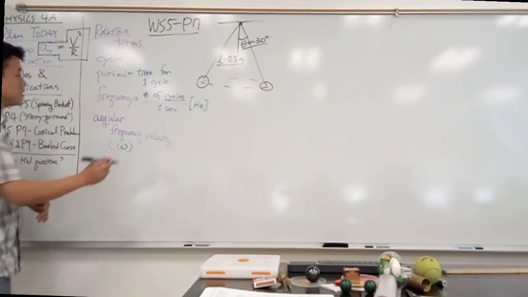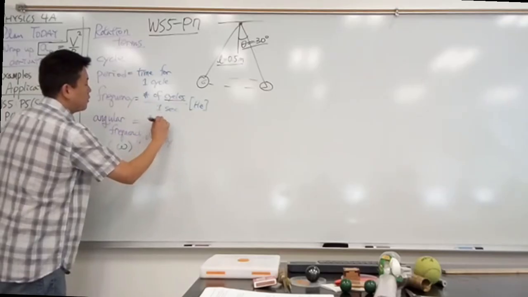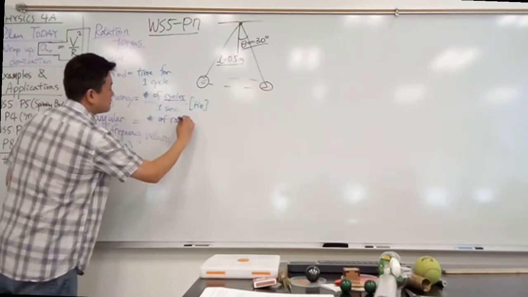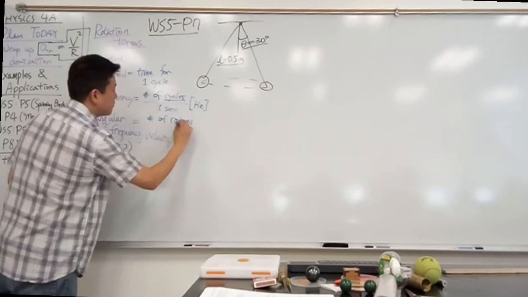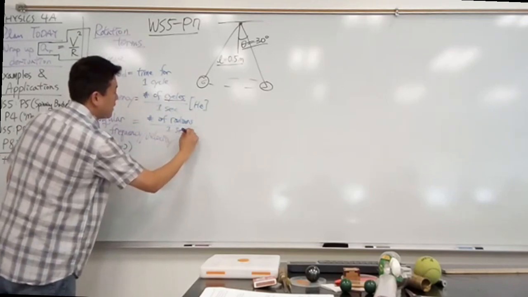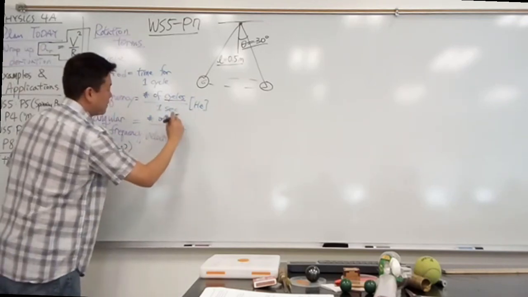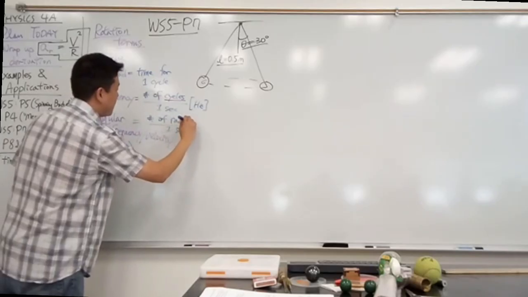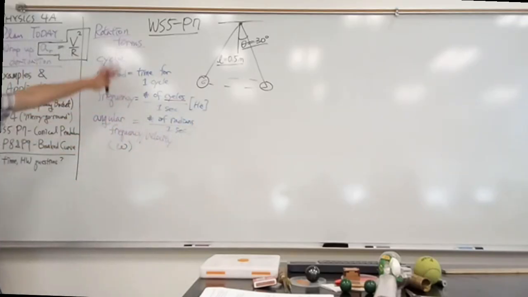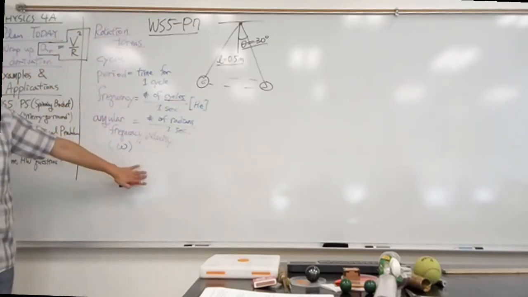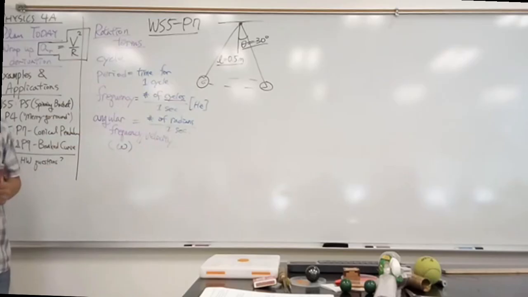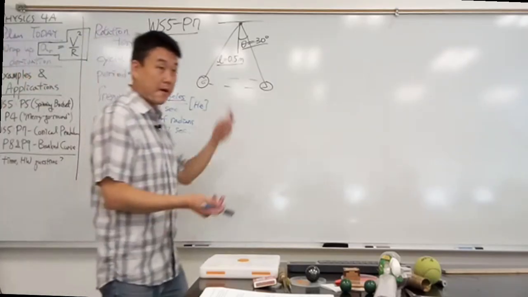So with angular frequency, it would be the number of radians per second. I'll come up with a formula for this later. As I said, we're going to come back to this later in the semester to use it more fully. For now, I just want to introduce the terms so that I'm not losing people if I'm using any of those words.